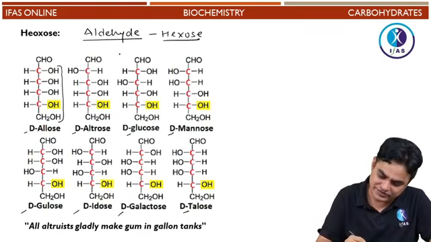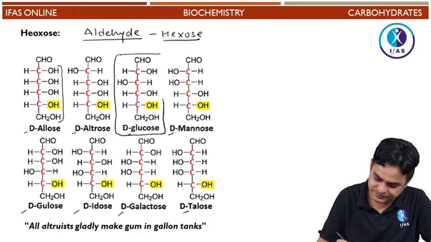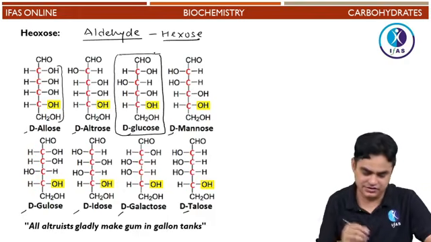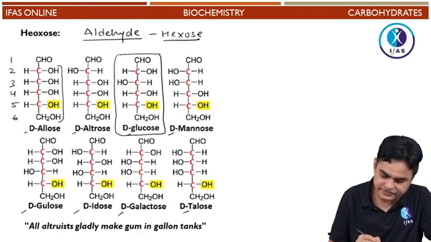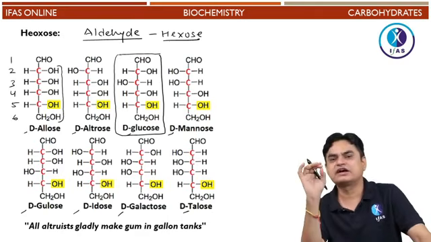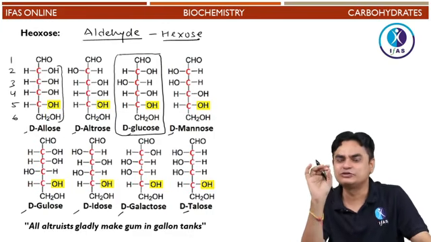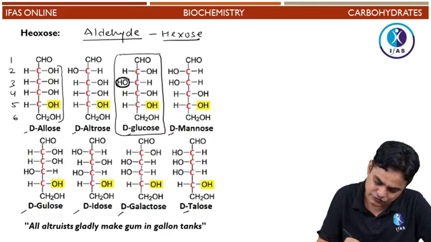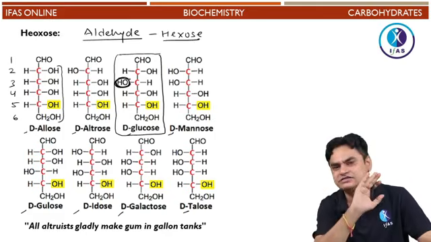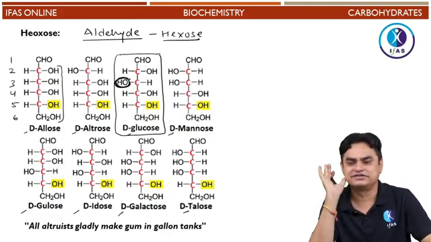You have to remember the structure of at least one sugar, that is glucose. In D-glucose, at carbon 3 the OH group moves to the left side, and the rest are all on the right side.